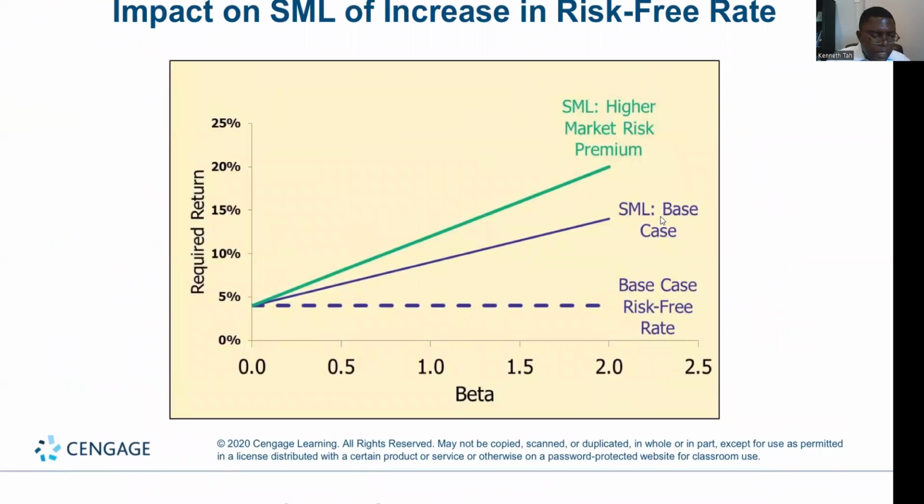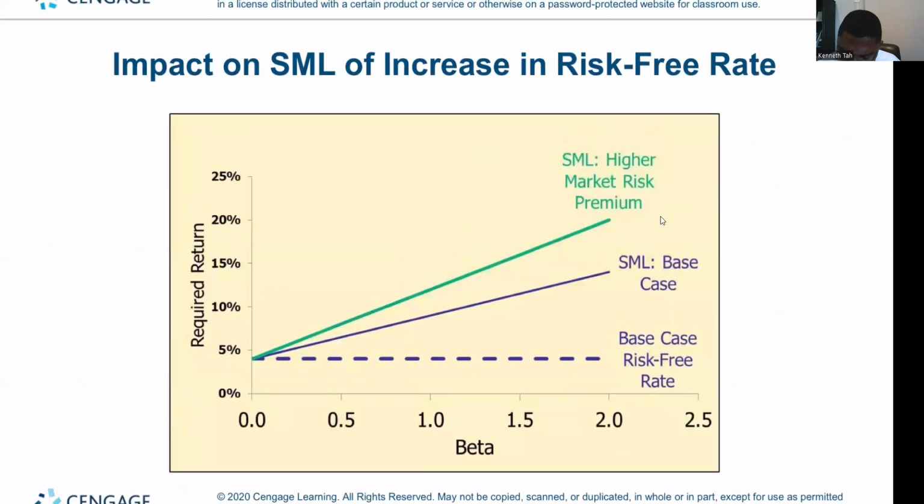All right, one of the last things we want to talk about is the security market line and what is driving it. If we look at this diagram, this is really the capital asset pricing model placed in a diagram. When we place this in the diagram, it becomes the security market line.